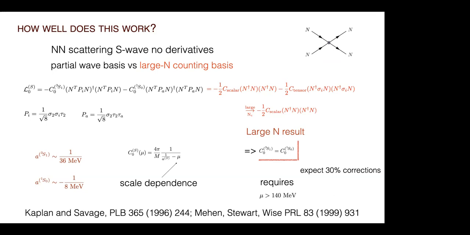And this is actually a better expansion than you might expect. In any event, I guess we saw that actually it's not 30% corrections. It's more like 10% corrections because it's whatever N_C squared. But basically to get this to be reasonable requires that your subtraction point, the place where you evaluate this low energy coefficient, has got to be relatively large, at least the pion mass large.